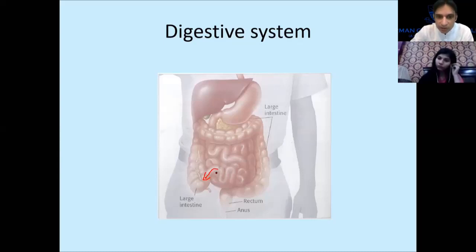So look at that. When the small and large intestine connect, there exists a finger-like projection. This one. This finger-like projection is called the appendix.